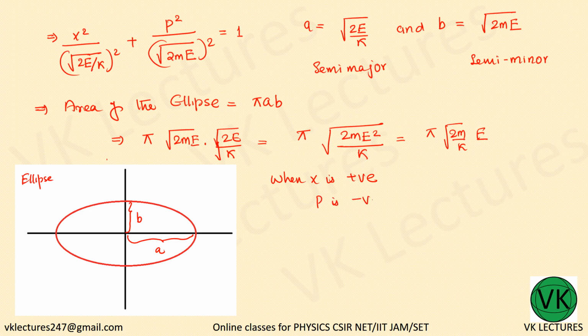So that means when x is moving in the positive direction, that is in this direction, p should be moving in this direction. That means towards the opposite direction. So it has to be the clockwise direction. So this is the direction of the phase space trajectory for the linear harmonic oscillator.